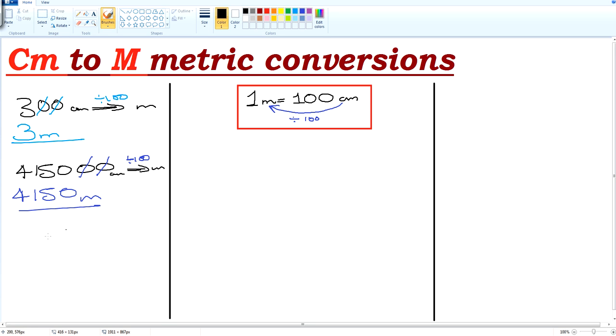In the next question, we have 215 centimeters. Change that into meters. In this particular question, we don't have any zeros to knock off, do we? No. So what do we do then?